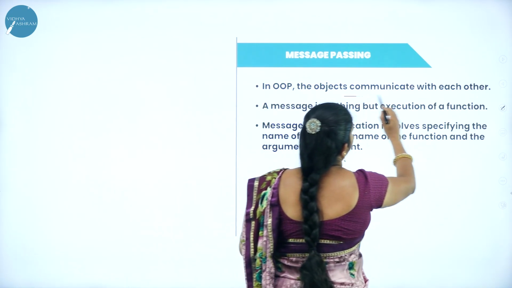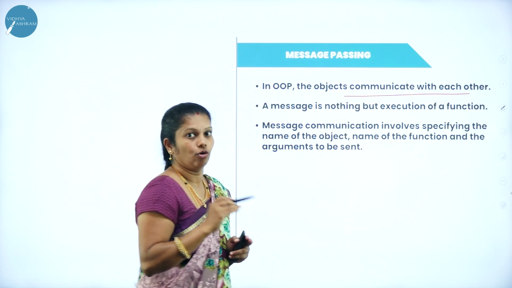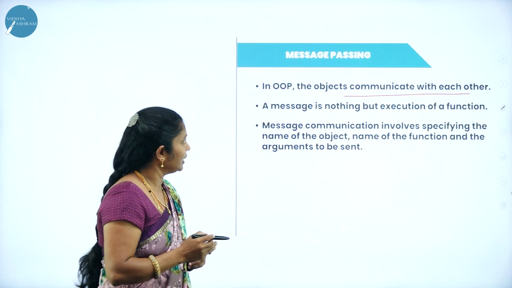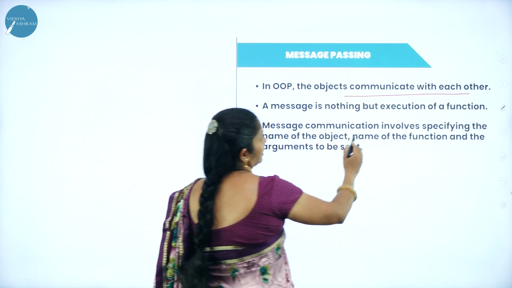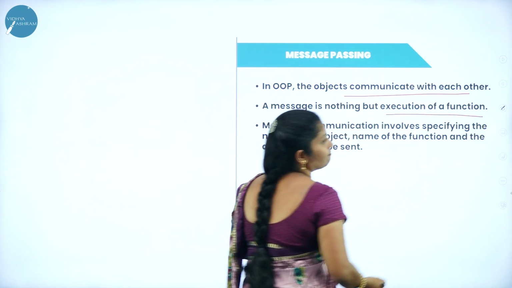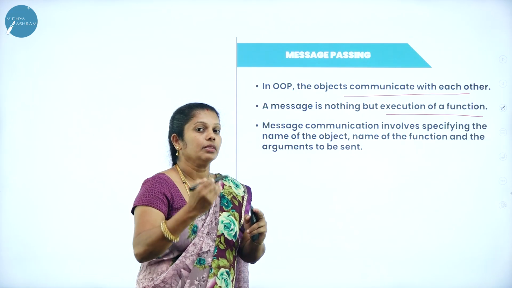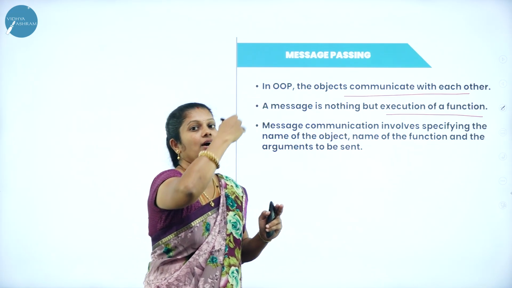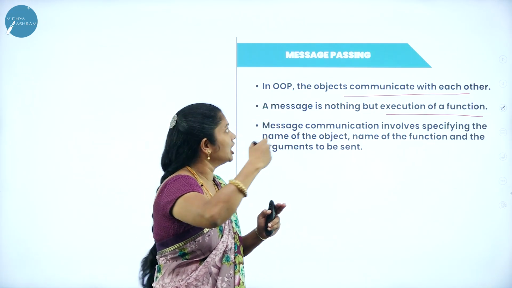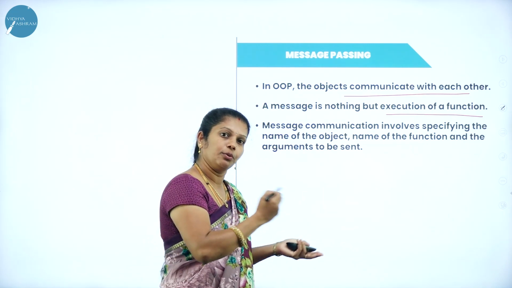Objects can communicate with each other, and a message is nothing but execution of a function. After executing the sub-program, the result has to be generated. The arguments, the values, have to be passed from one program to another.